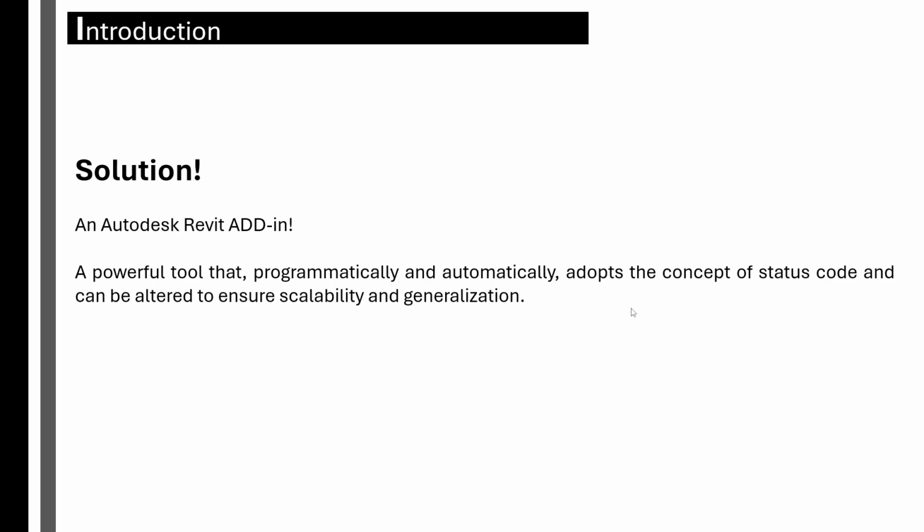The solution, however, is to create an Autodesk Revit add-in. It's a powerful tool that programmatically and automatically adopts the concept of status codes and can be altered to ensure scalability and generalization. Let's see the status code in action.